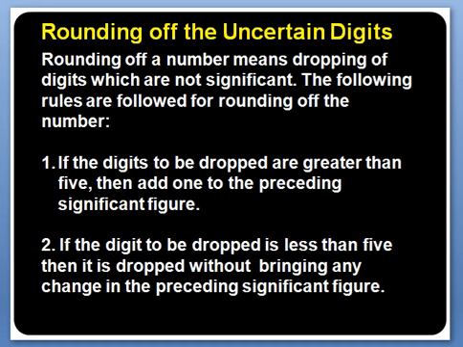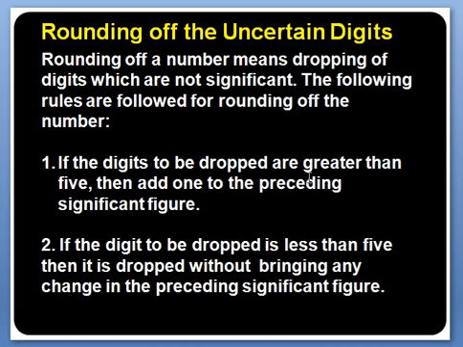You have to leave that as 2.3. Got my point? Very good. If the digit to be dropped is less than 5, then it is dropped without bringing any change in the preceding significant figure. So that's what I told you.